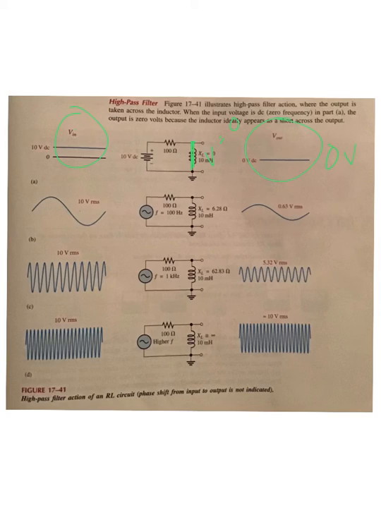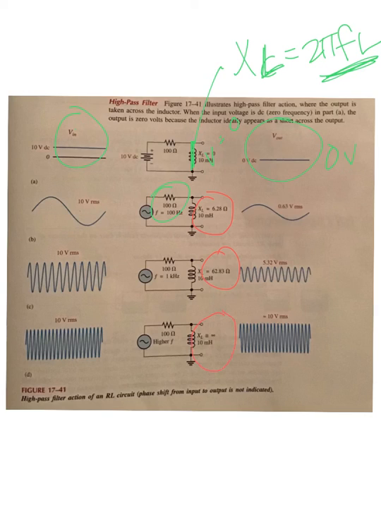Now, as we increase the frequency, the reactance X sub L is 2 pi f L. As we increase the frequency, this side of the equation gets larger and larger, eventually becoming greater than the 100 ohms on the left. Right here, it's 6 ohms. It's almost split. Over here, it's 62, and over here, it's at such a high frequency that what you put in is what you get out.